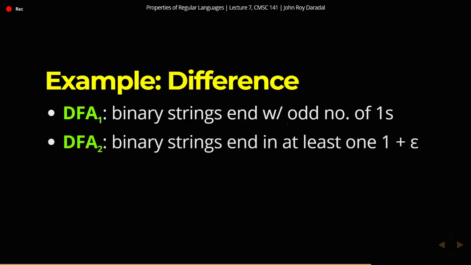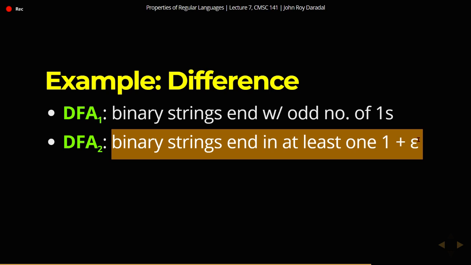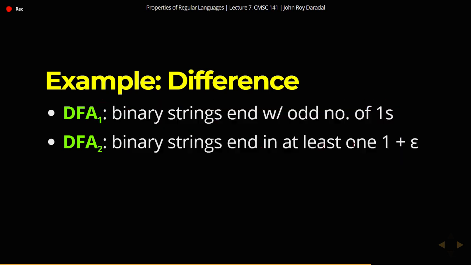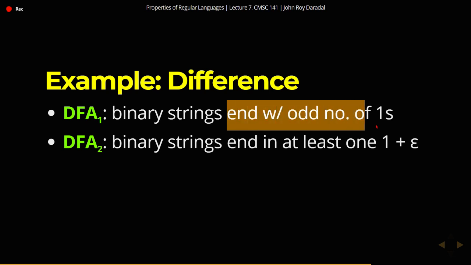But you'll notice that the second language is actually a superset of the first language, because ending in at least one 1 will consume the binary strings that end with an odd number of ones.